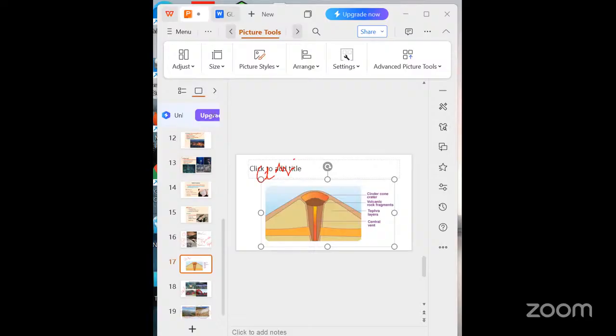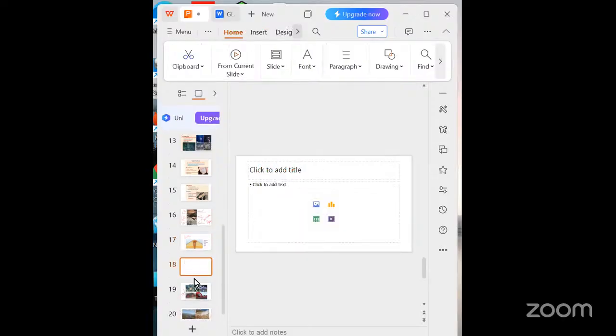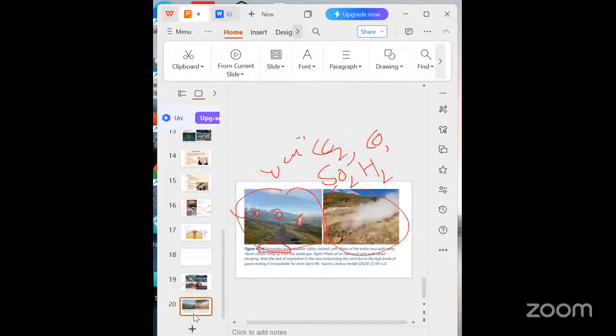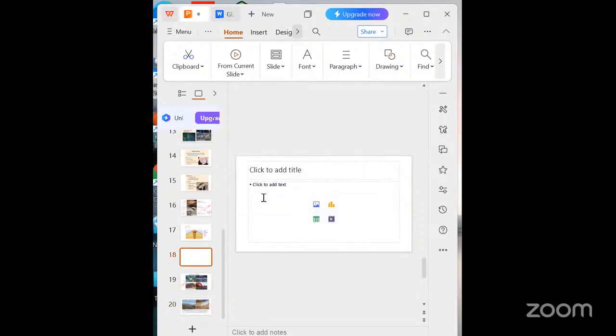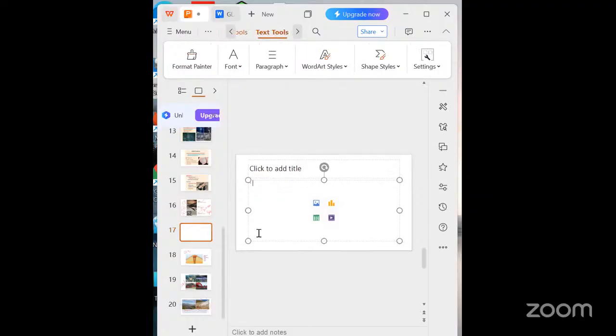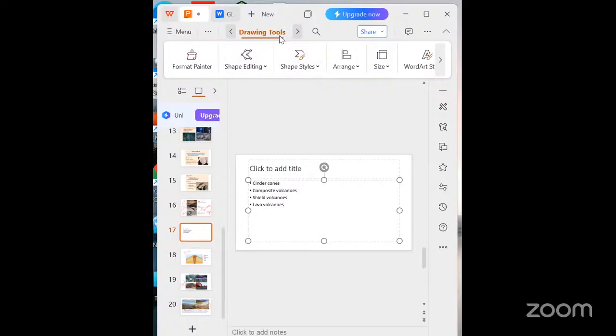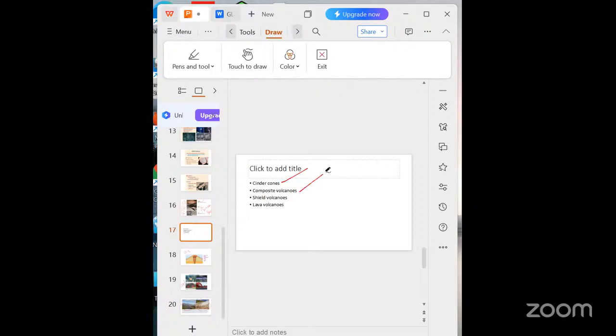Volcanoes are grouped into four types: cinder cones, composite volcanoes, shield volcanoes, and also lava volcanoes.